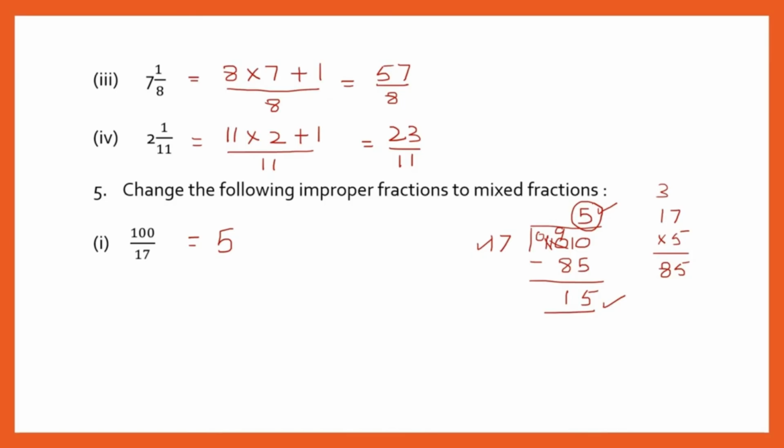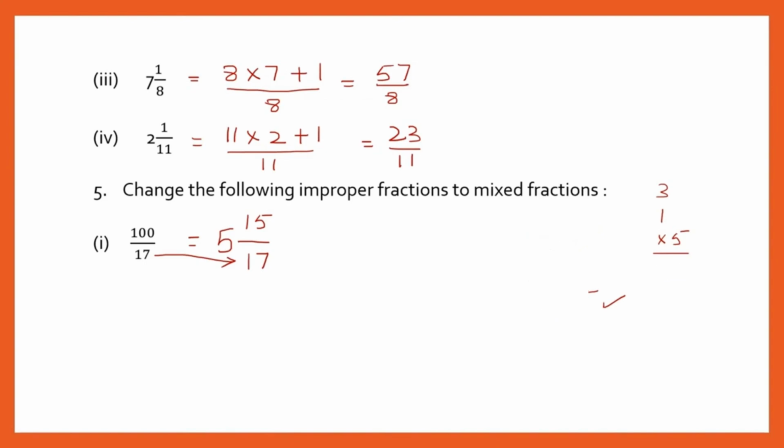The remainder becomes my numerator and my divisor becomes the denominator. Can you see the denominator has not changed? It is the same. Okay, so I hope you understood that. Let's go on to the next question.